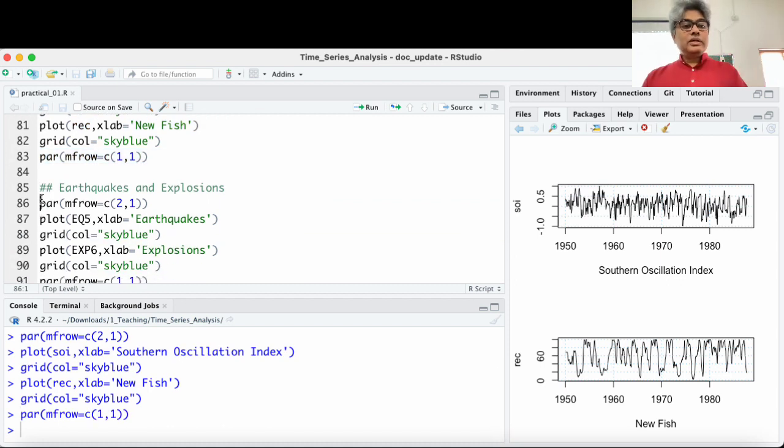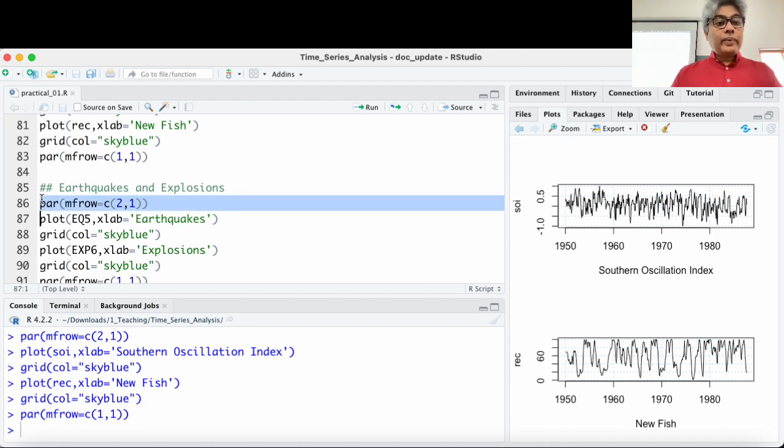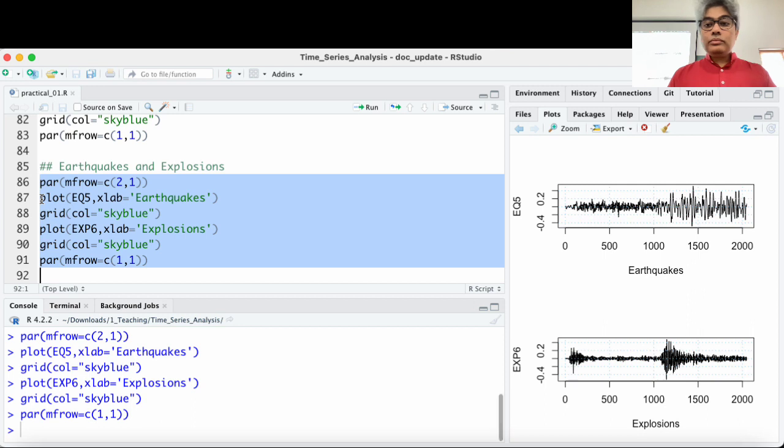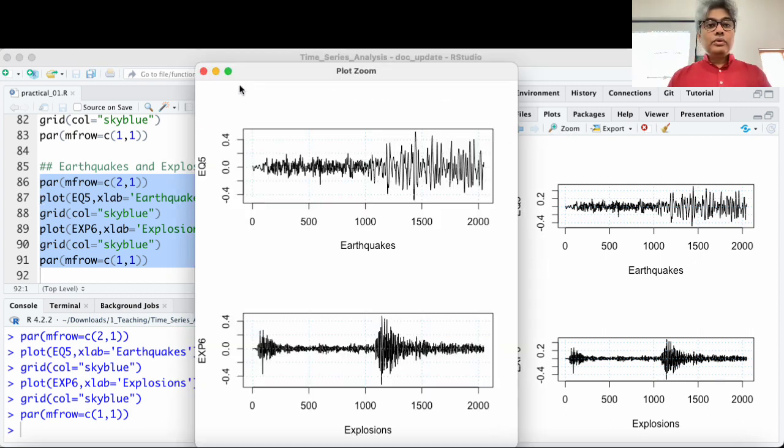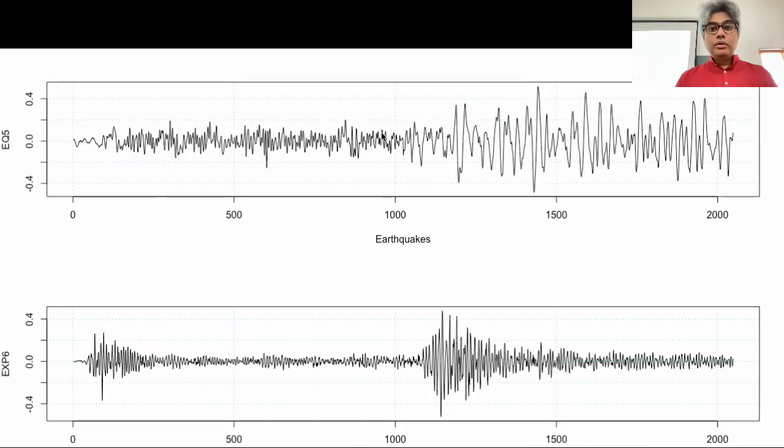Now here is the earthquake data and the explosion data. This data was the seismic activity of the earthquake, and this data is the seismic activity of explosion.